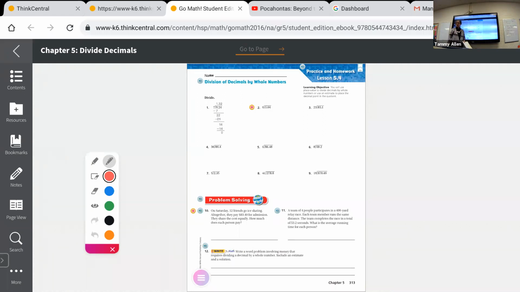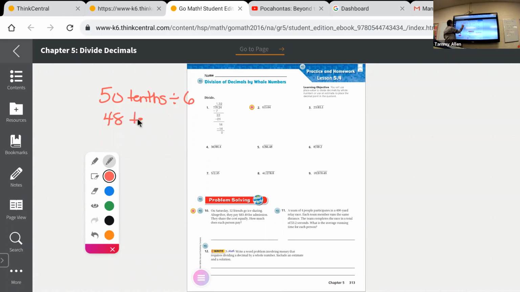Jonathan? 8. We have 50 tenths, and we're dividing by 6. What multiple of 6 is close to 50 tenths? It's close to 50. 84? No? 48.